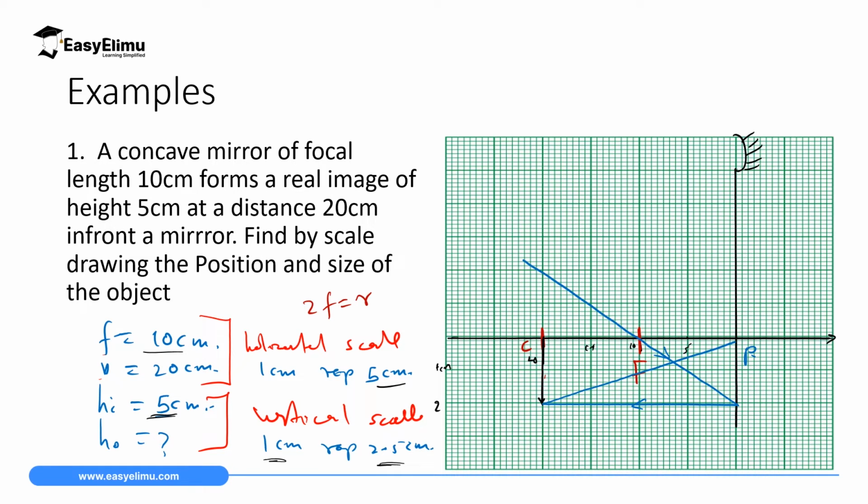Let me use a different ink here. So we can draw a ray which is forming an angle. This ray formed an angle like that with the principal axis. Remember, it was coming to that point. Then this angle here is the angle of reflection, which was equal to the angle of incidence. So before it came, you have to measure an equal angle like this one here.